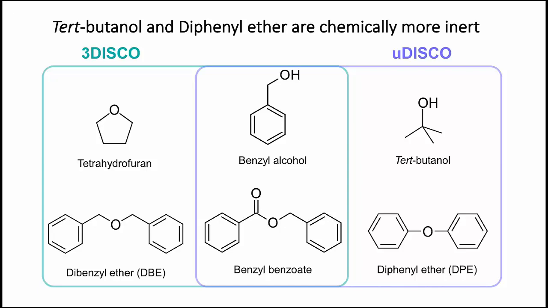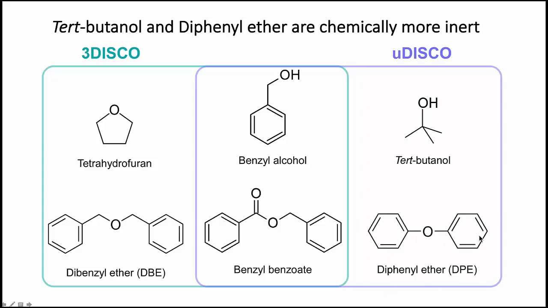DPE doesn't have these reactive benzylic C-H or C-O bonds, as you can see here. These are in the benzyl alcohol, and you can see this kind of bond in DBE. These bonds can react, and in this chemical, DPE, you don't have them.